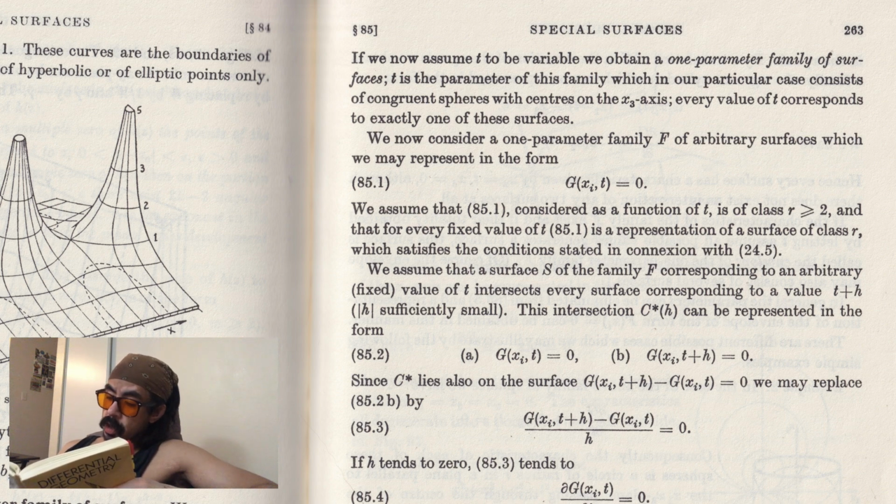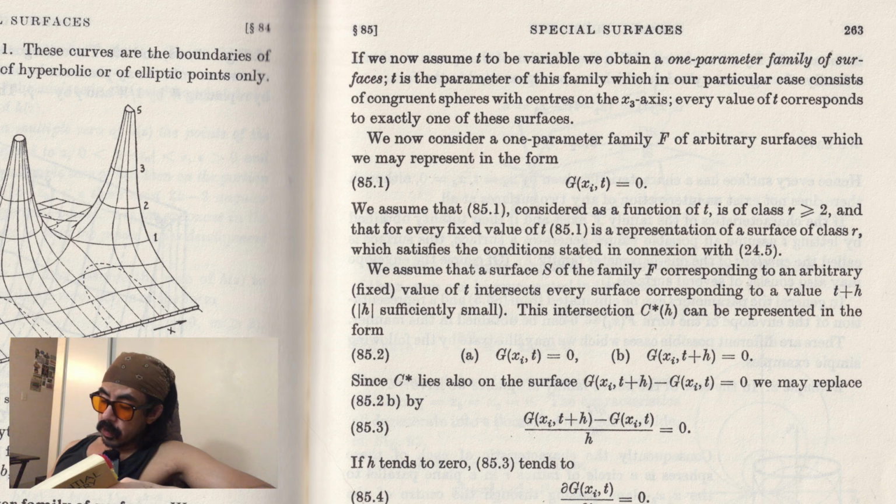We assume that this form, considered as a function of t, is of class r ≥ 2, and that for every fixed value of t it is a representation of a surface of class r, which satisfies the conditions stated in 24.5, that is, at least one of the partial derivatives is not 0.